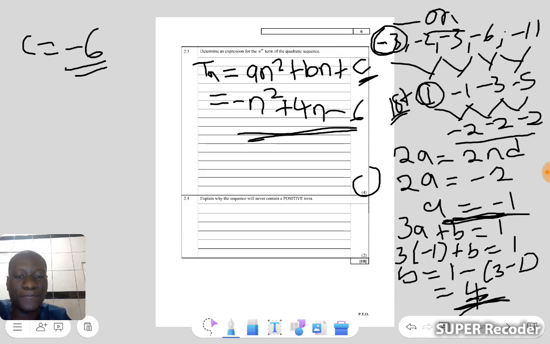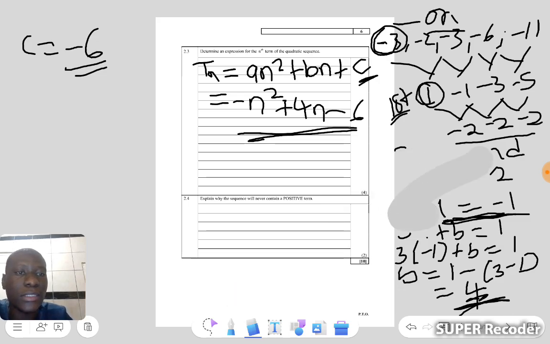Alright. Let's move on to 2.4. I hope 2.3 was clear and we will be able to understand. So let's go to question 2.4. Let's start by erasing here.